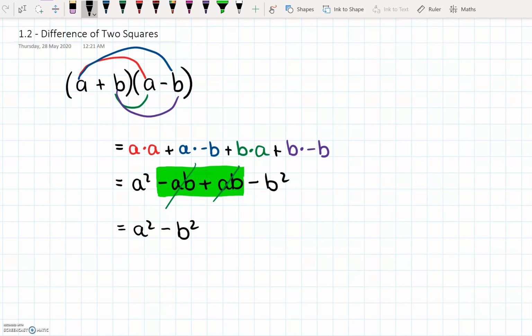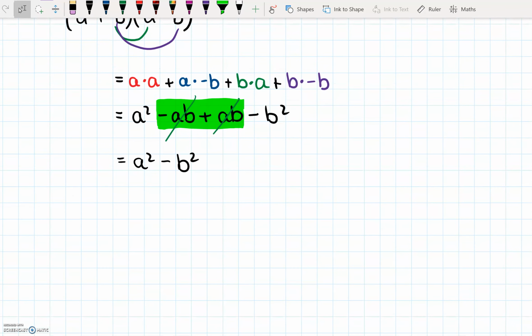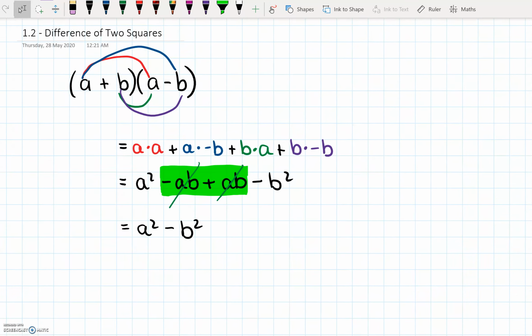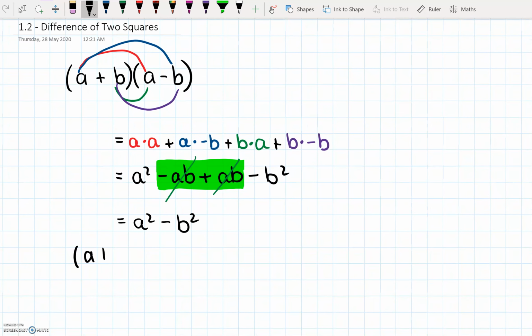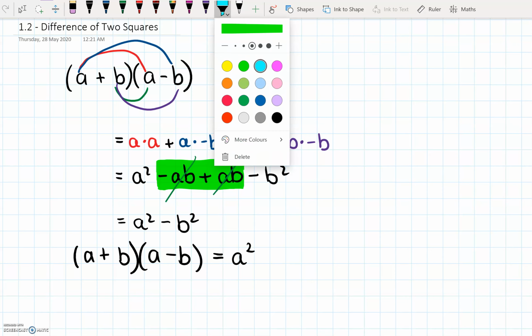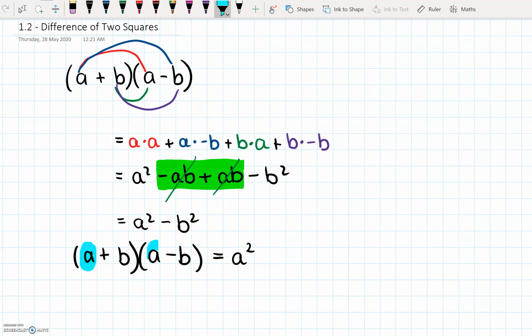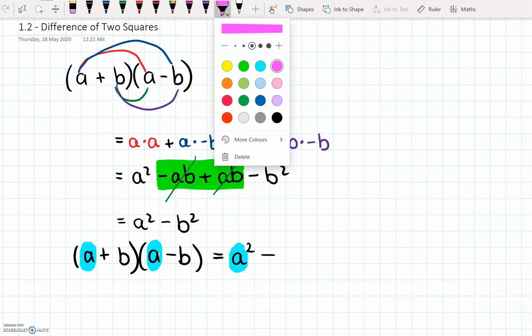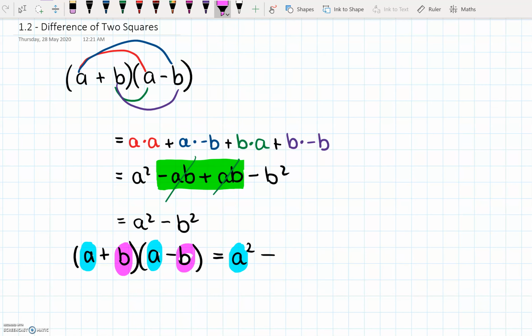Now, this is our shortcut. If you have (A + B)(A - B), the answer is just the first term squared, because we had A here, it's the first in both of them, so we get the first one squared, minus the second term in both brackets squared, so it's going to be B squared, and that's it.